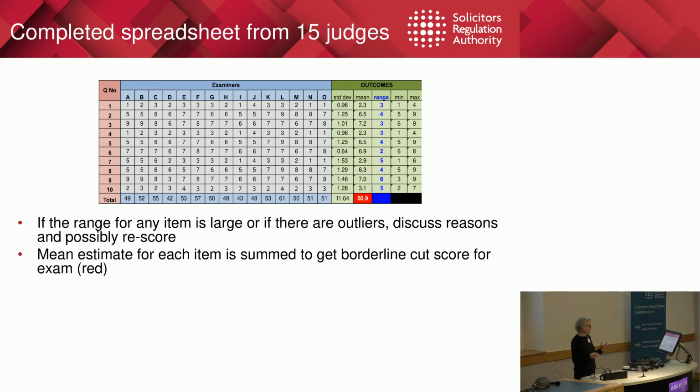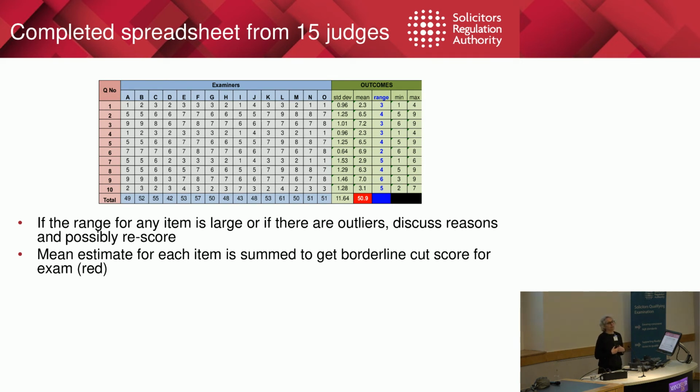You don't just do that, as it says there. I think question 9, for instance, there's a pretty big range of numbers of just passing candidates that they think would get it right. So you would normally then have a discussion if there's such a big range.